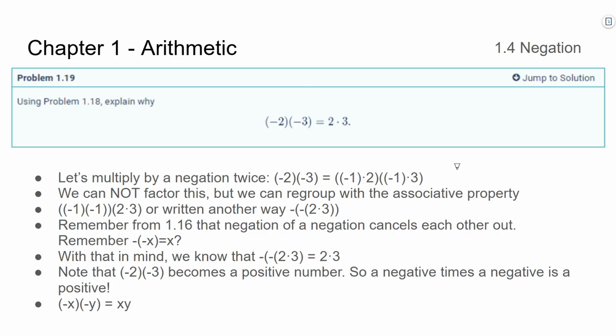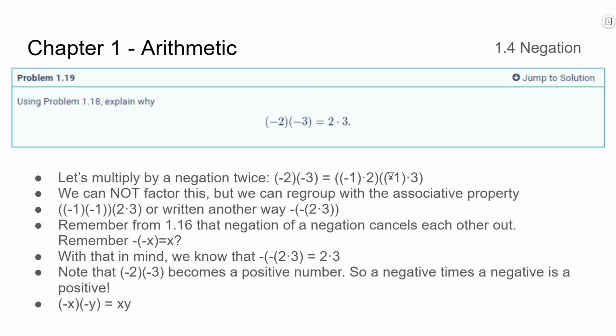If it was something like -1 times 2 plus -1 times 3, then we could extract out the -1 because we have this addition right here. We don't have that here, so we cannot factor. It's another thing that you need to watch out for. So we can't factor that out, but we can regroup it with the associative property.